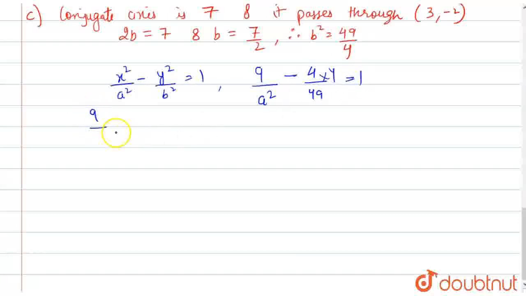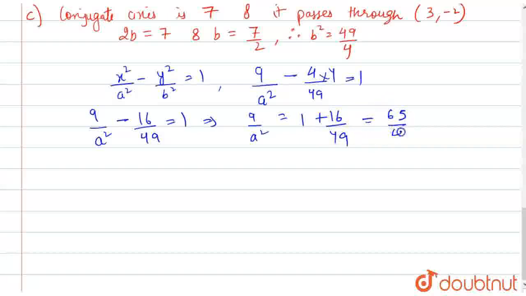So 9 by a square minus 16 by 49 will be equal to 1. So 9 by a square will be equal to 1 plus 16 by 49. So 49 plus 16 will be 65 by 49 and a square will be equal to 49 divided by 65 into 9. That is a square will be equal to 441 divided by 65.